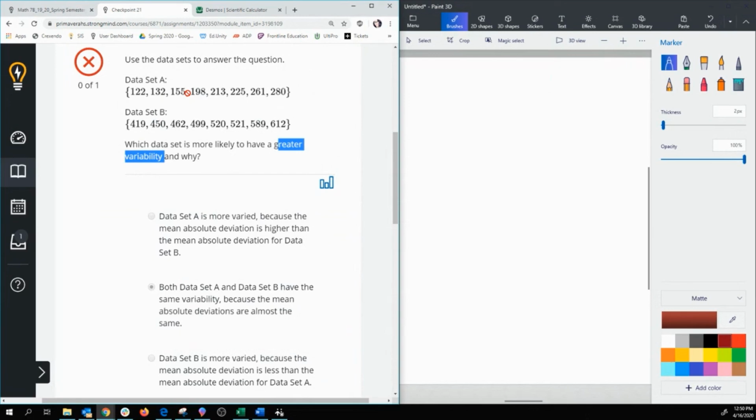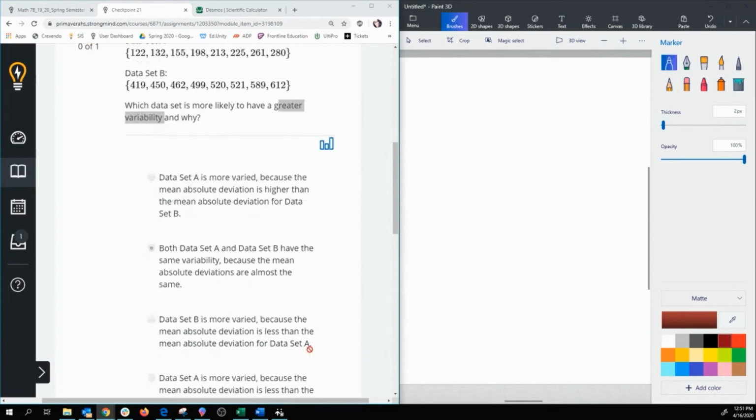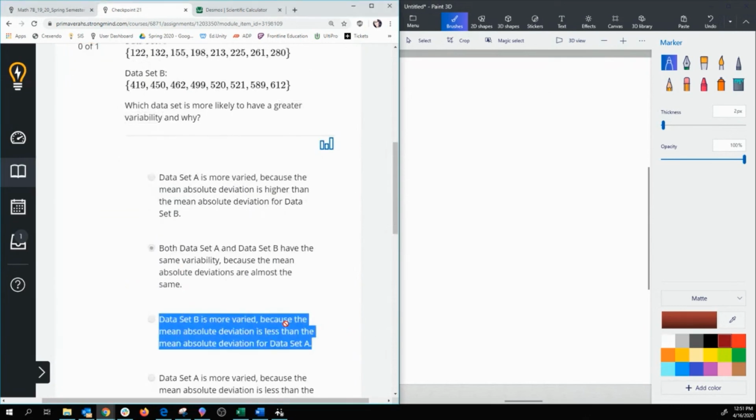And then from there, we would look and see which one has a higher mean absolute deviation, and whichever data set has a higher mean absolute deviation, that is the one that's most varied. But for time purposes, data set B is going to be more varied.